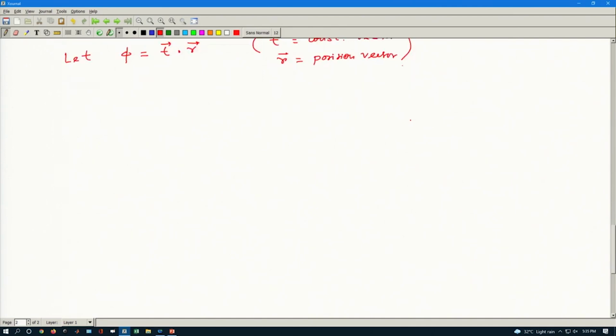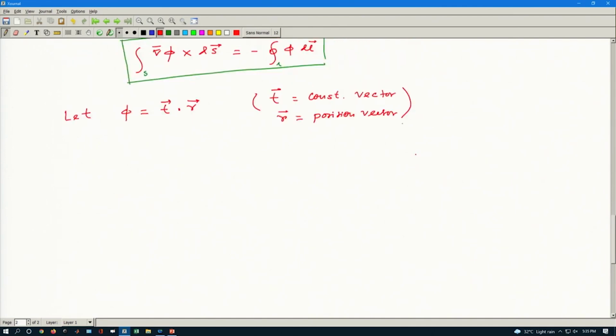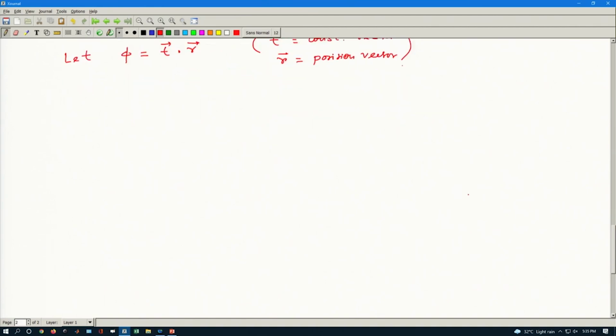Okay. So, first I need to find the gradient of t dot r. This is the gradient of these two vectors t and r, and I can expand it with the usual identity. This is not very simple, to be very honest, so I just write the expansion.